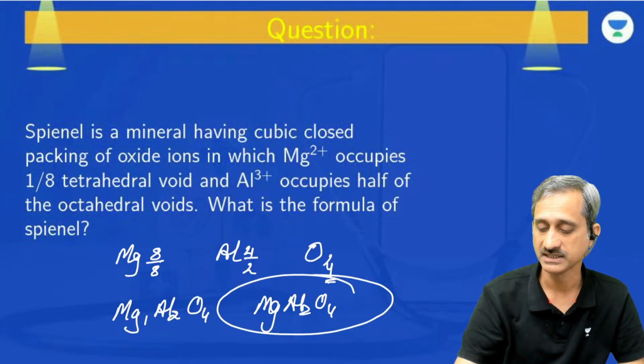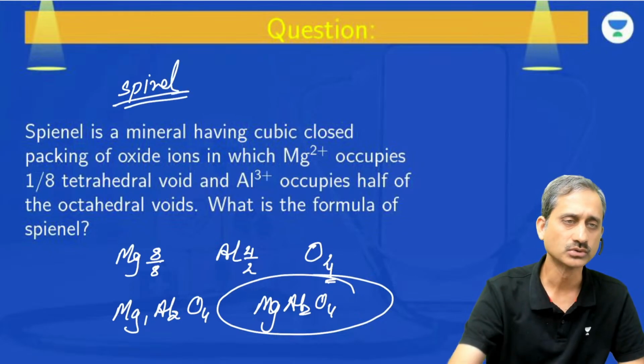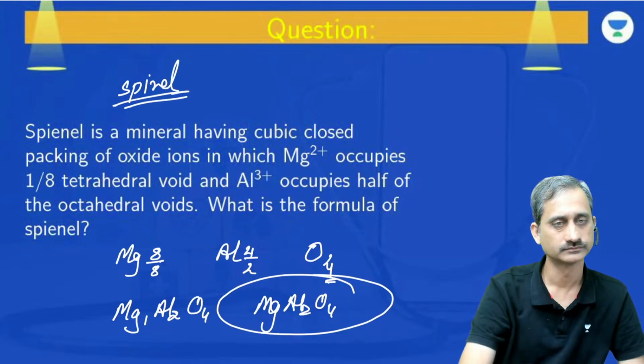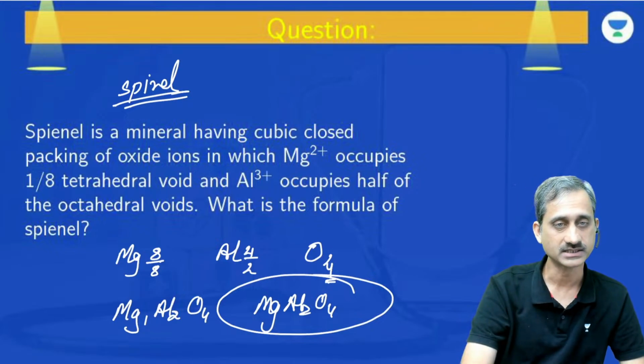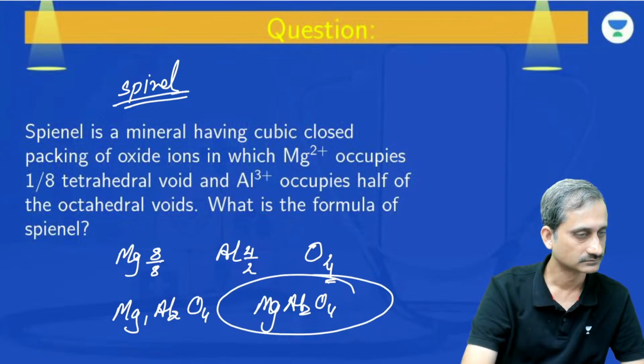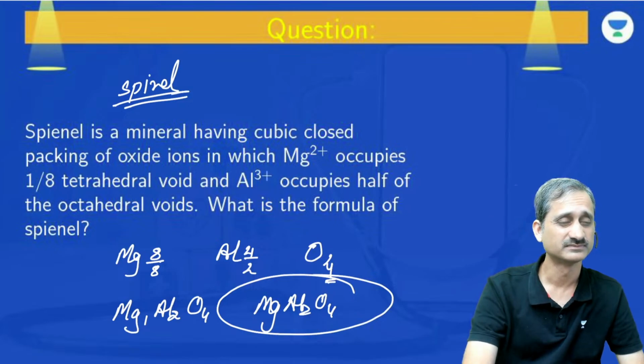The formula is spinel, and you can check it on Google. It is MgAl2O4. It's a rare gemstone that was used to imitate rubies. ChatGPT gives anything.